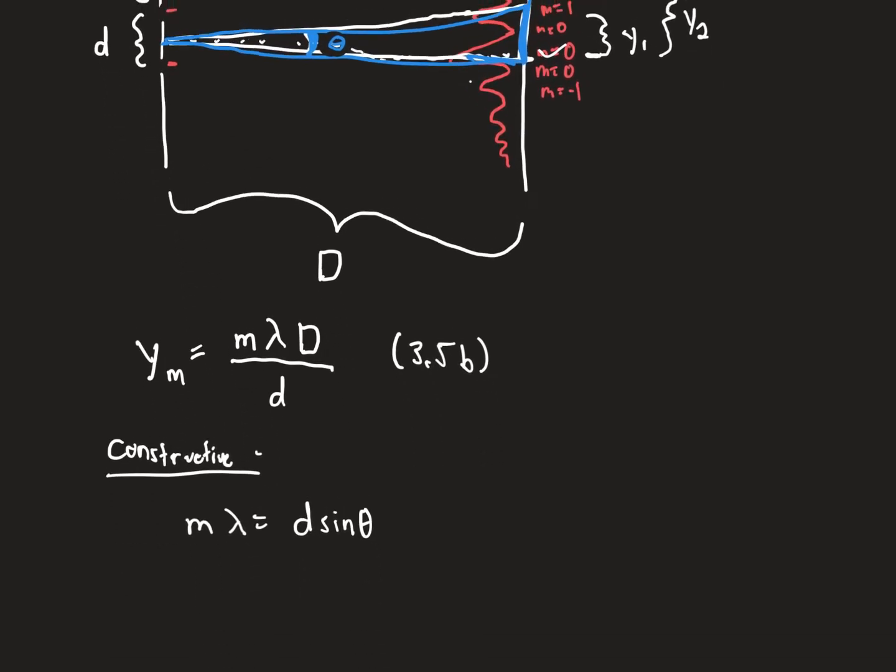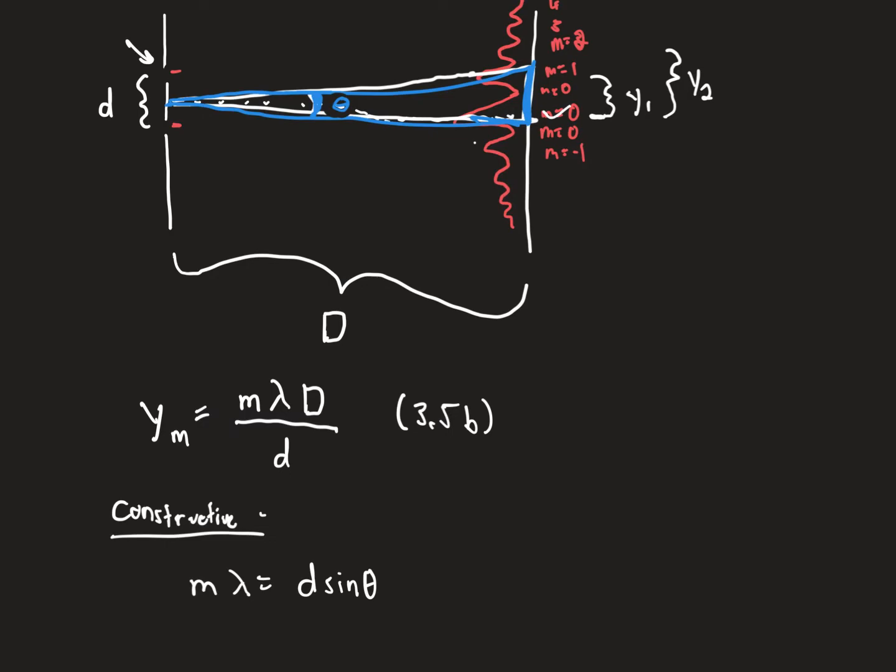So m times lambda equals d times sine of theta to give you constructive interference. So waves combining together. And this is where m is equal to 0, plus or minus 1, plus or minus 2, and so forth for all the orders.